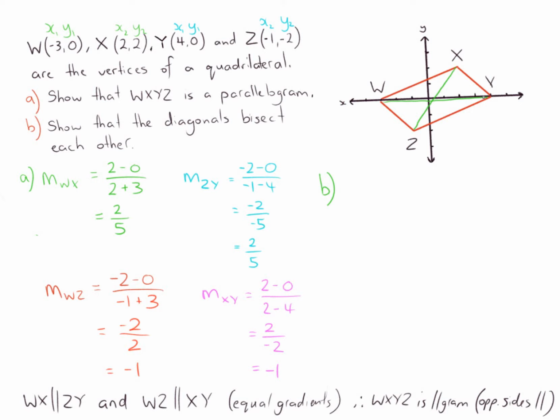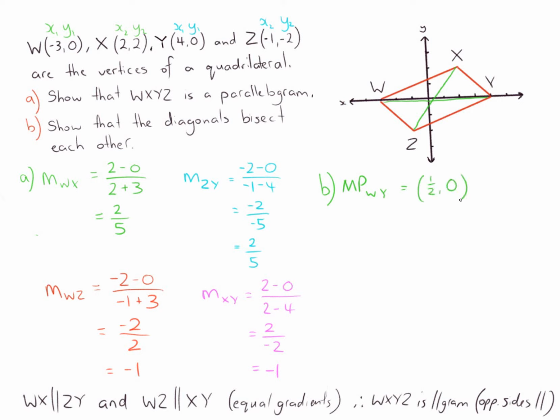Now, because W and Y both lie on the x-axis, it's quite easy for us to see that from negative 3 to plus 4, the middle of that is 1/2. So the midpoint of WY is (1/2, 0).